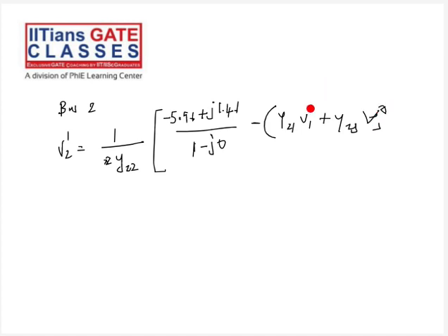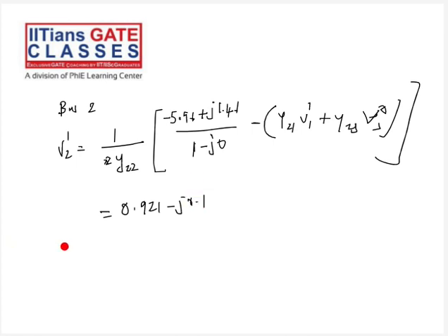Substituting the values, we get 0.921 minus j8.1, right?